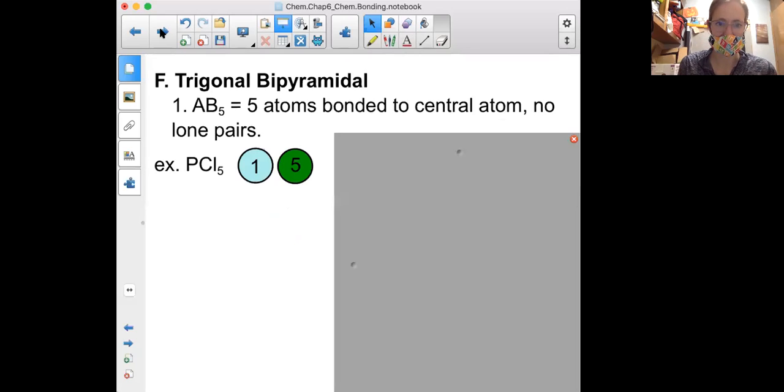All right, the next shape is trigonal bipyramidal, and you need a teal colored ball. I'm going to grab it real quick. Sorry, thought I grabbed it.